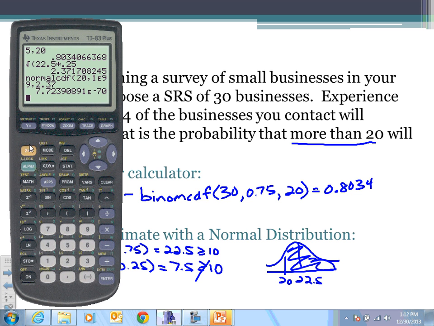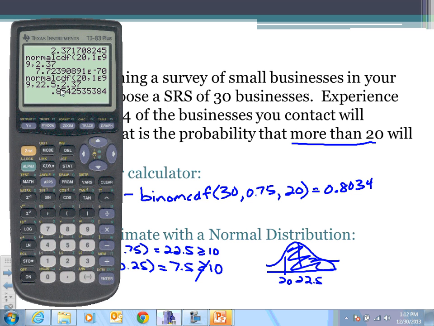I forgot to put my mean in there. Let's do that again. So lower limit, upper limit, mean is 22.5. And I know we're going to be off, but we're not going to be off by that much.